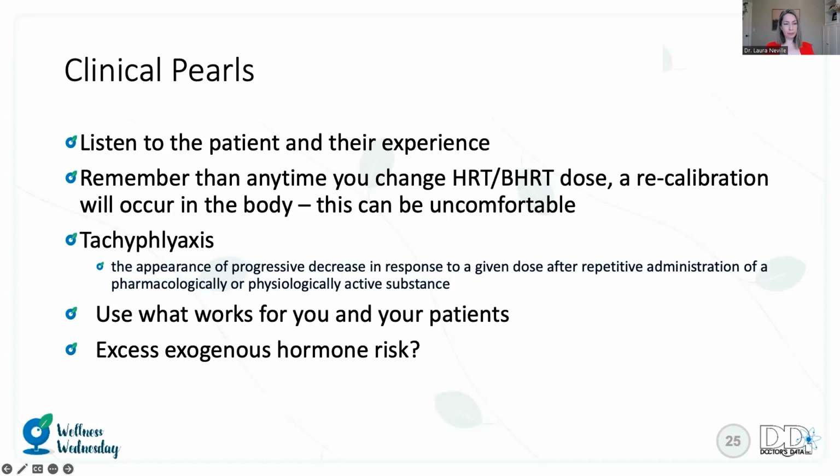Yes. Okay. So here's my takeaway and some clinical pearls. If you are someone who has had to use only serum testing, and maybe you have patients on transdermal therapies, let's just be mindful. Maybe this is obvious, but listen to our patients and get their experience.